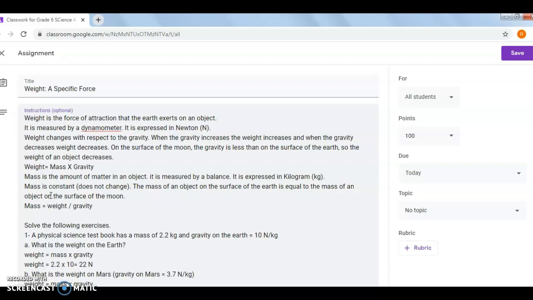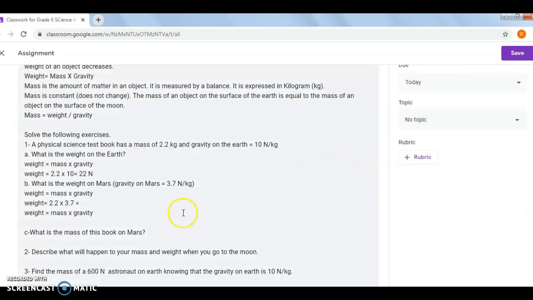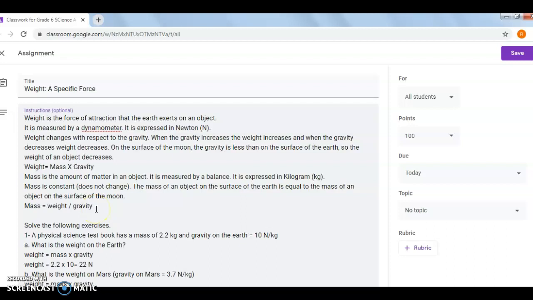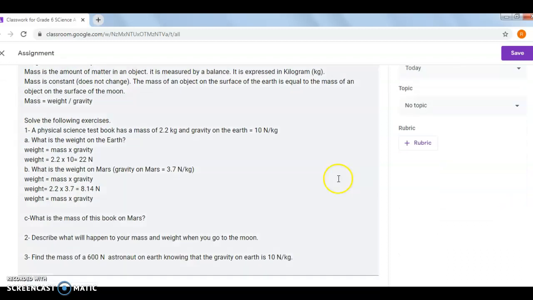You can use your calculator to find the answer. I will use my phone to see the answer. I will use the calculator. So 2.2 multiplied by 3.7, we will get 8.14, and the unit is Newton. Don't forget to write the unit. The unit is so important to put.